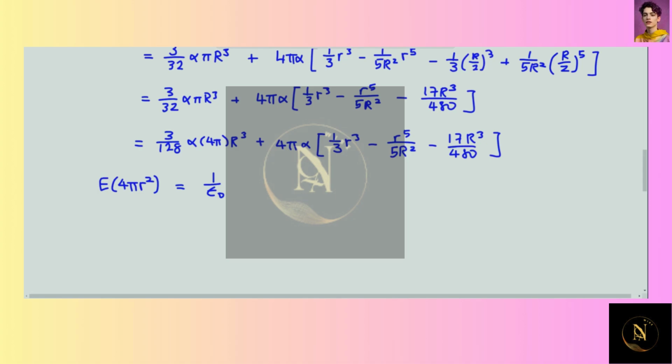Okay, so notice that there are 4 pi from the charge enclosed, which I'm going to pull out.